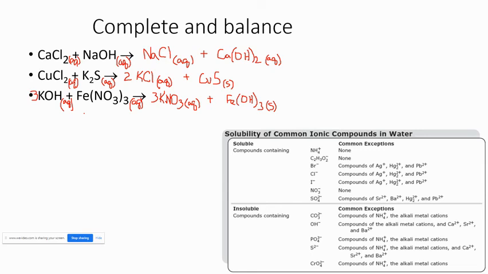We have to be able to look at this solubility chart to determine if we have precipitates forming or not. The other thing we have to do is be able to write our products just like we did here. Crossing charges, all that. And then balance. So there's a few more steps on the double replacement reactions.